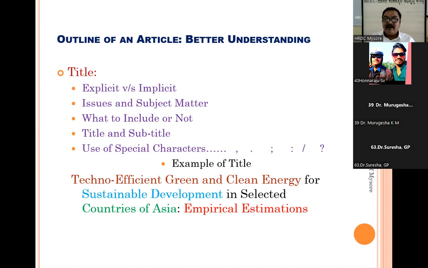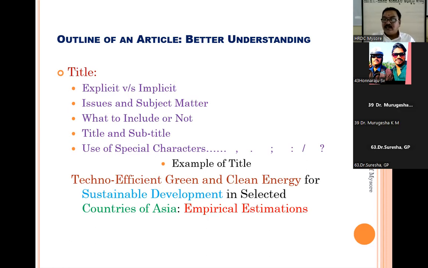In this title, there are many things. One is the issue, and the subject is there. Both are different. The subject is energy. The issue is using energy, how to achieve sustainable development. That is the issue. Where? In Asian countries.